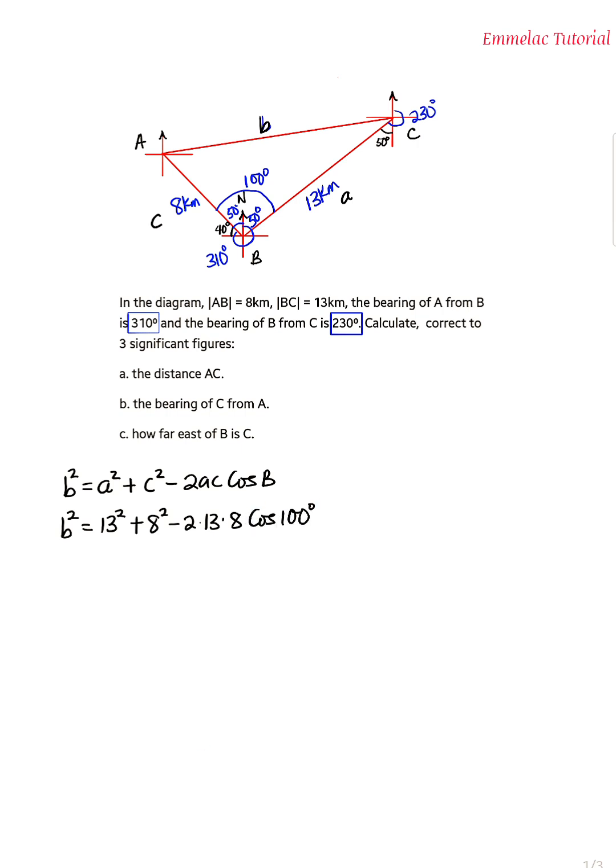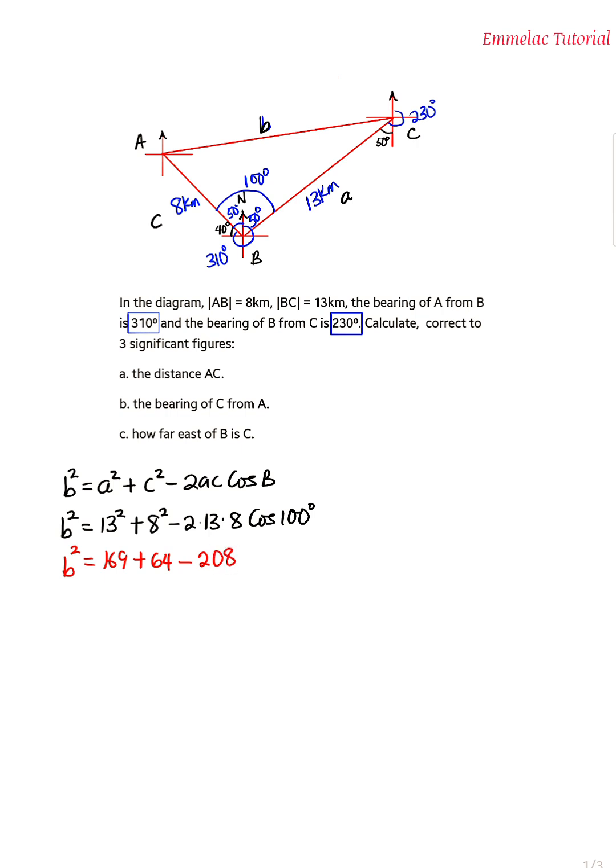So this gives us b squared equals 169, because 13 squared is 169, plus 64, because 8 squared is 64, then minus 2 times 13 times 8.